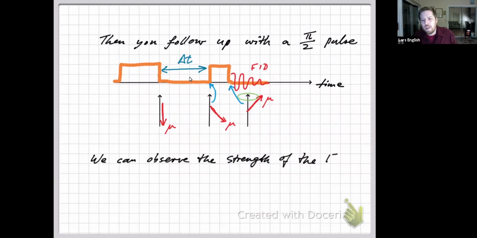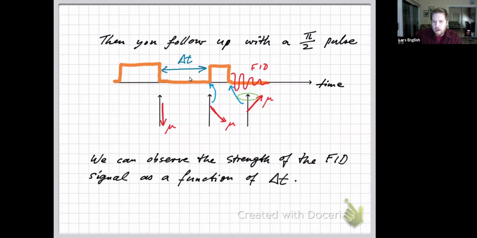Question is, what role does delta t play? So we're going to observe the strength of this free induction decay signal right after the pi/2 pulse. We're going to observe that as the dependent variable, and the independent variable that we're going to vary is delta t.